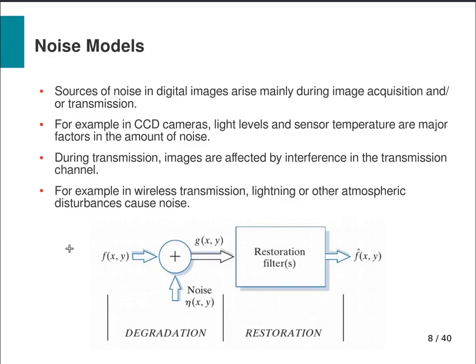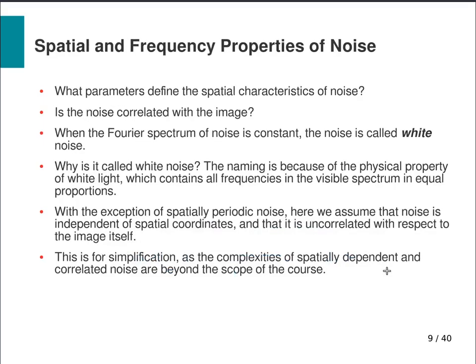So in a noise-only degradation model, we have the original image f of x and y, and in the degradation process this noise term is added to it, and then we end up having g of x and y. So now the restoration process is trying to estimate the original image given some information about the noise.